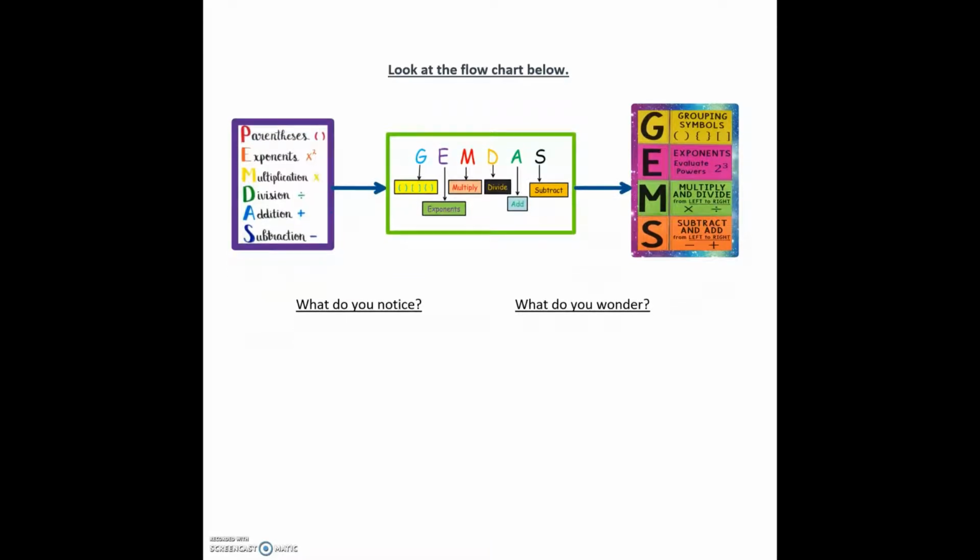So the reason that we don't use PEMDAS anymore is because we know there's a lot more things in that parentheses section than just parentheses, right? We have grouping. In our grouping, we have parentheses. We've got our brackets. We have curly brackets.